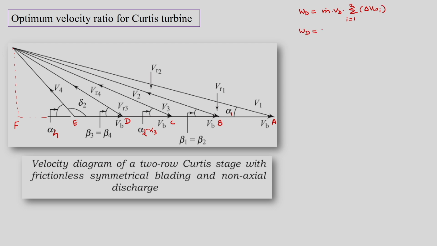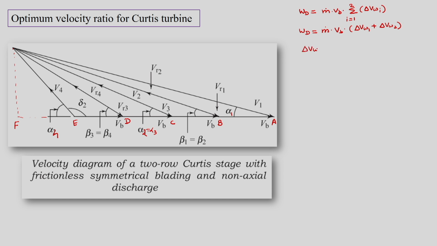So, work done is equal to m dot into Vb into (delta Vw1 plus delta Vw2). Now, let us find out delta Vw1 and delta Vw2.